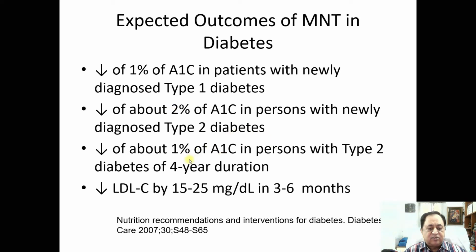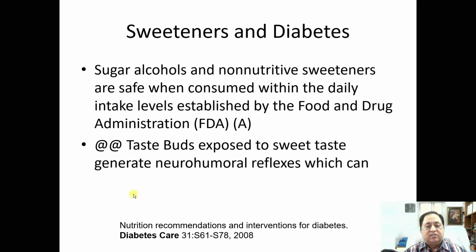That is lesser duration, the lesser improvements you can see, but minimum you can easily see that it is as good as addition of one strong pill in the diabetes management equivalent to that. So LDL cholesterol goes down by 15 to 25 and HDL improves by around 6 to 8% with the help of non-pharmacological management. This is another fact you have to tell your patients in terms of scientific understanding of the facts which they should also be part of.